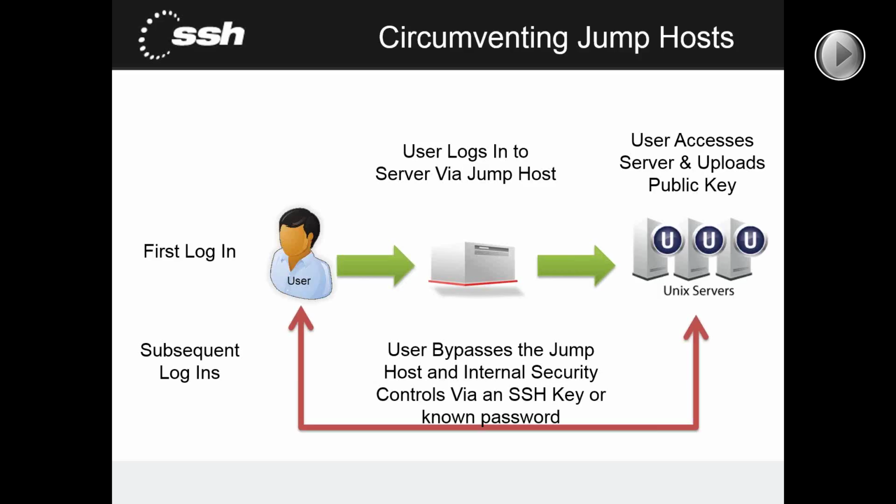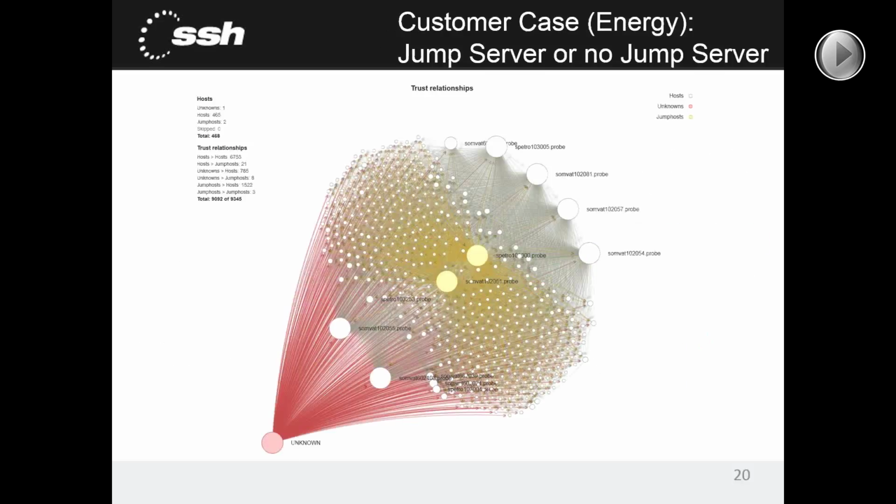And that was one of the scenarios that they wanted to fix. And so this is very important in being able to identify those connections possibly circumventing the jump host, because then you will lose your tracking of that connection, unless you have some other measures in place that we can talk about.